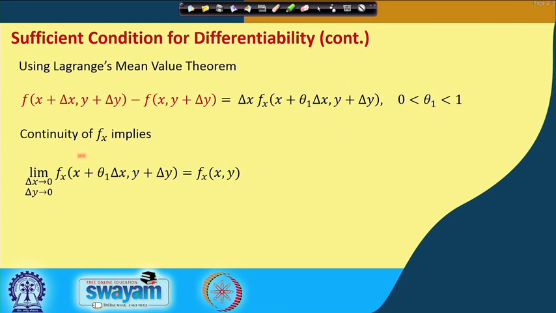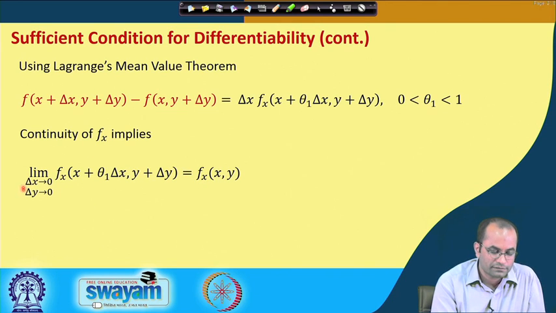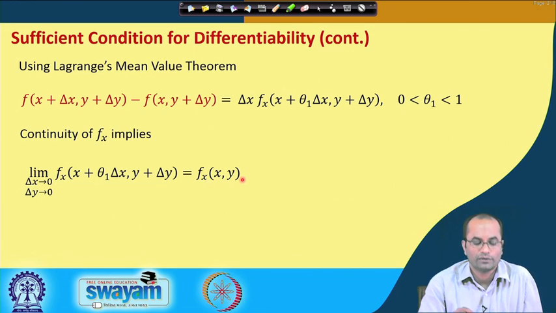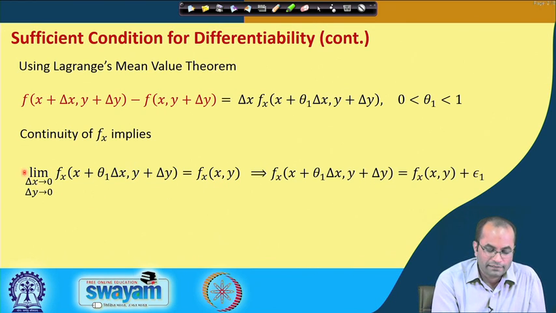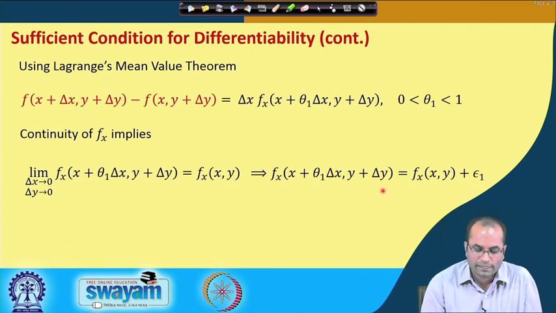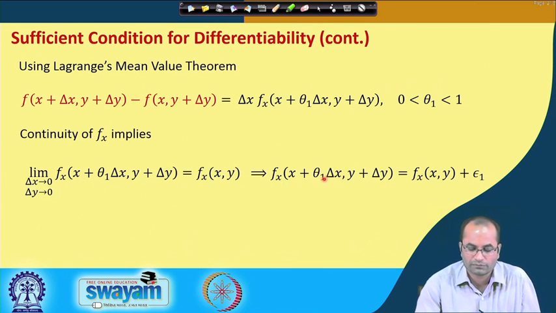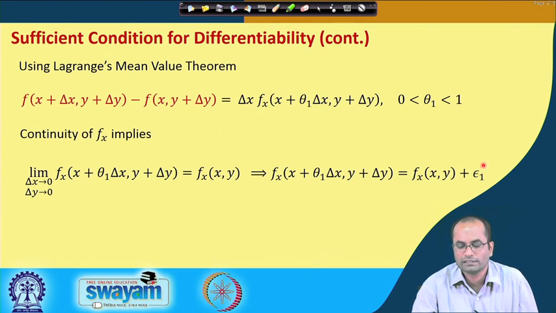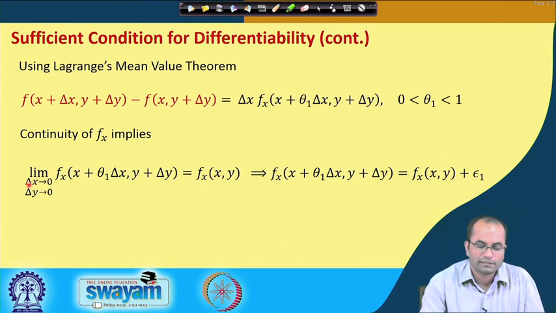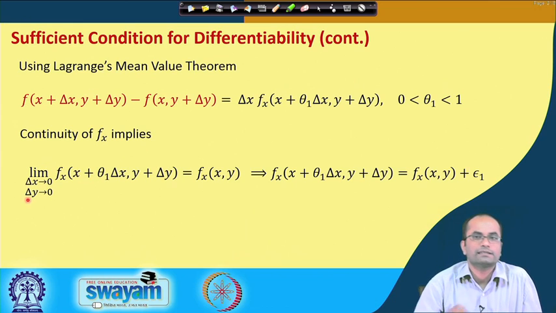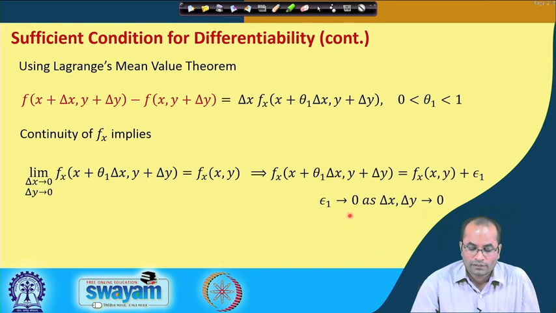So the continuity of f_x gives us that this derivative with respect to x will be f_x at (x, y). Then again we introduce another epsilon as we have done before. That is, f_x(x plus theta 1 delta x, y plus delta y) is equal to f_x at (x, y) plus this epsilon, and this epsilon will have the property that it goes to 0 as delta x and delta y go to 0.